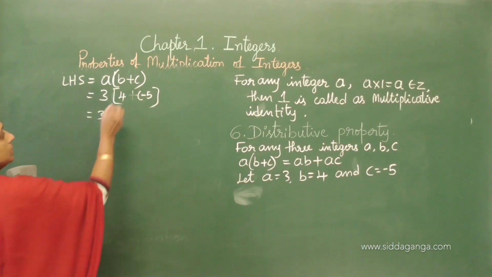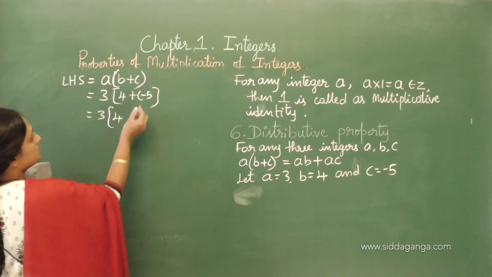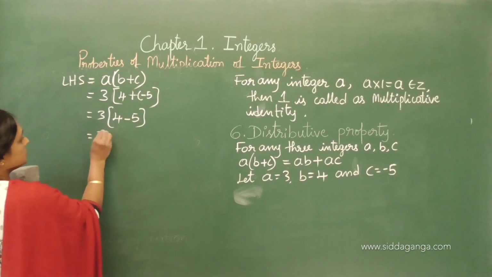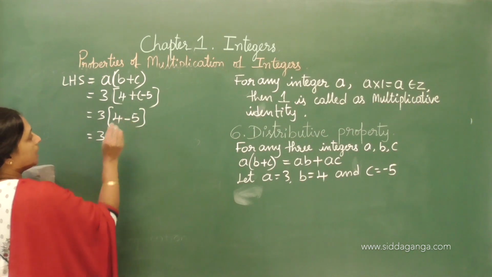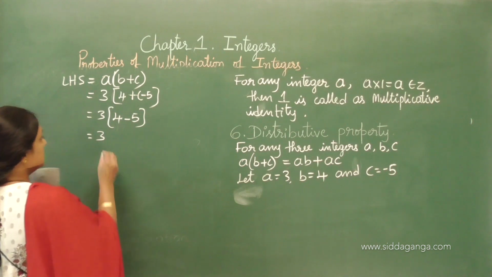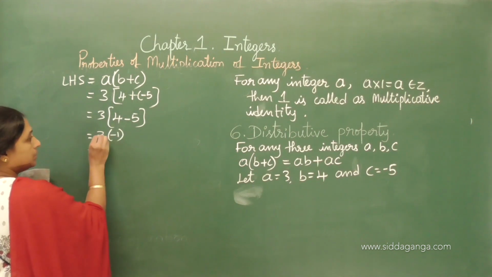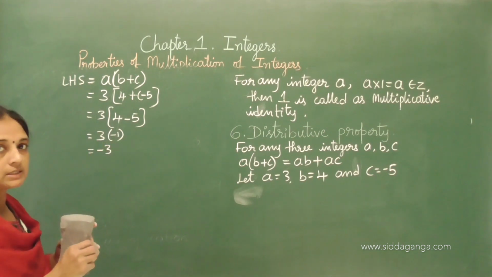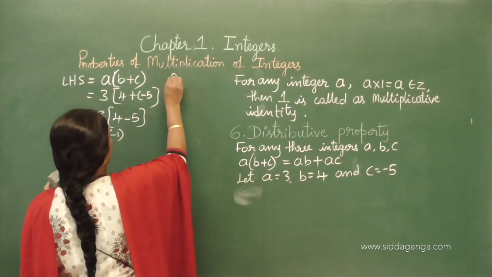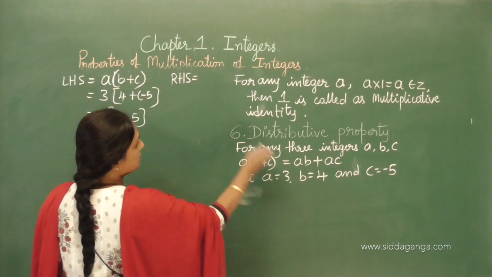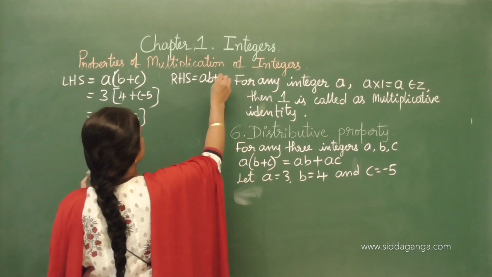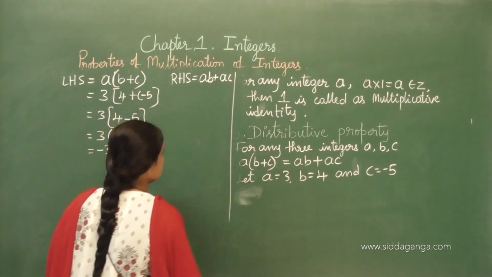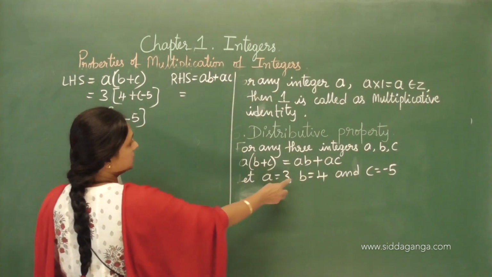Do the operation within the bracket first. 4 minus 5 is minus 1. Multiply here, plus into minus is minus. 3 ones are 3. LHS is minus 3. Go to RHS. Okay, RHS is ab plus ac. That is equal to, what is a here?